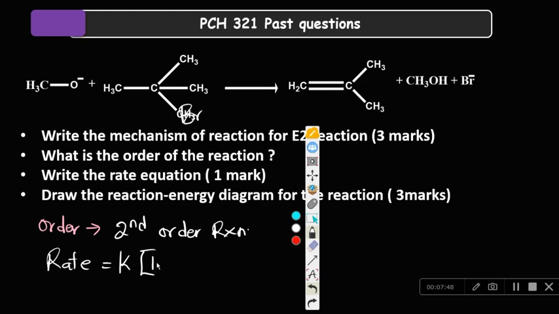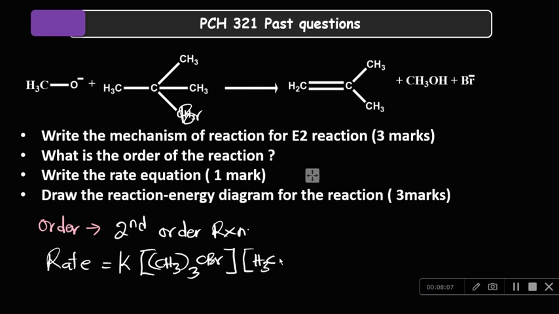So we can write it as CH3 three times, which is 1, 2, 3, and then you have this C Br as your substrate, and then you have your base, CH3O negative. So this is the rate equation for this reaction, right?